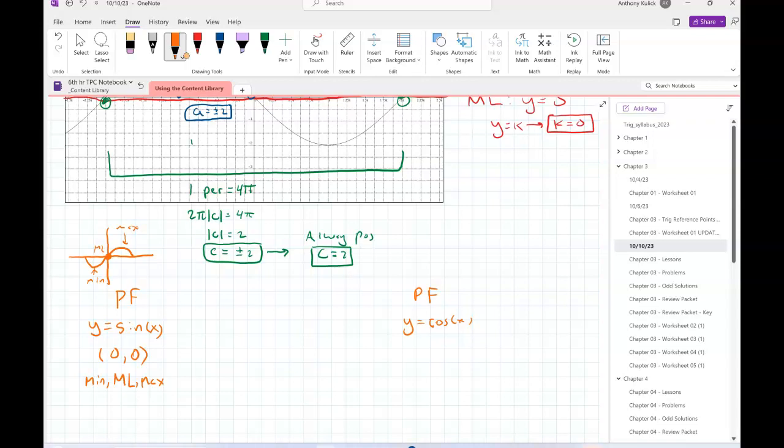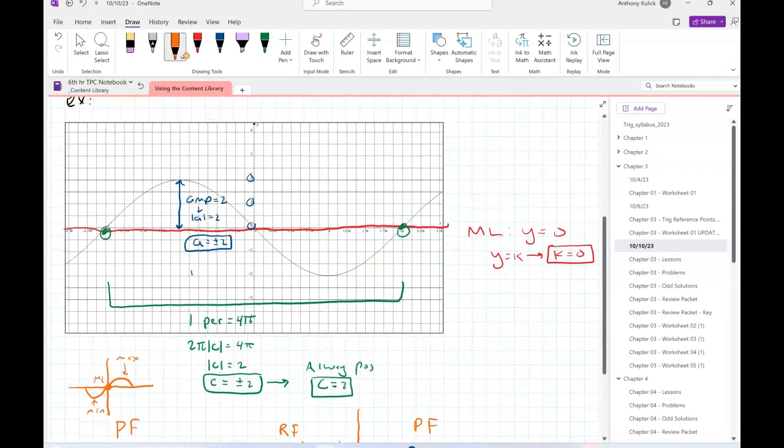Now I'm going to go to my graph, my resultant function, and find another midline point. So if I go up to my graph, I see 1, 2, 3 possibilities to choose.